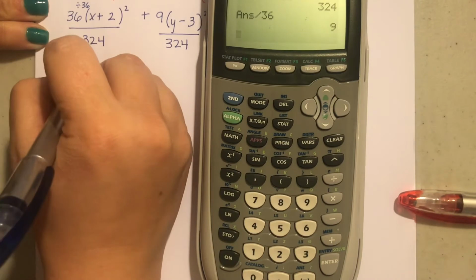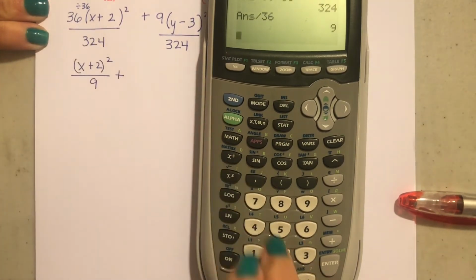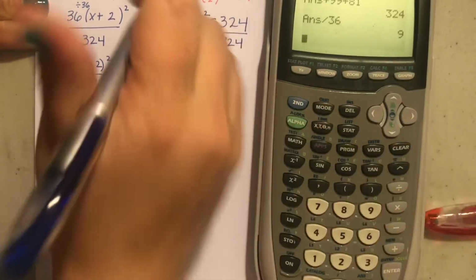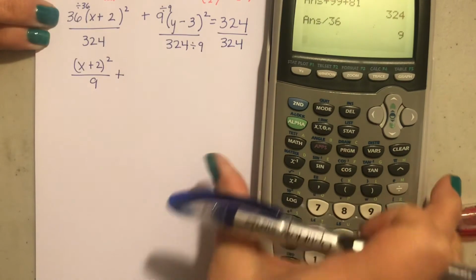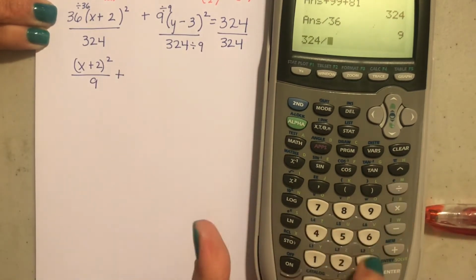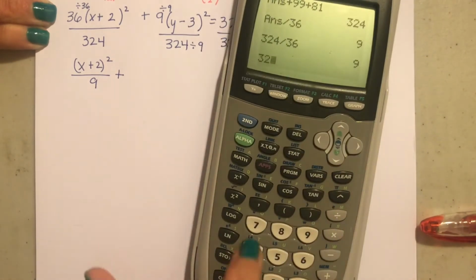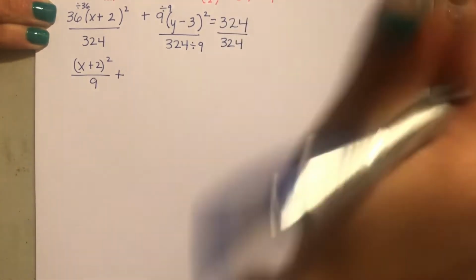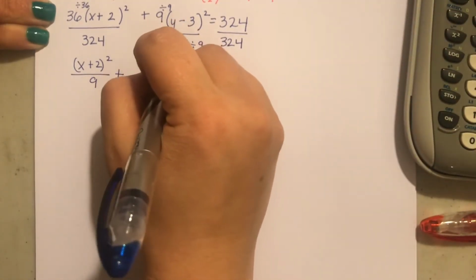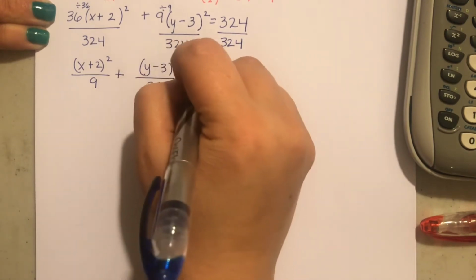So x plus 2 squared over 9 plus, dividing these by 9 now, we should end up with 36. 324 divided by 9 is 36. Okay? So this becomes y minus 3 squared over 36 equal to 1.